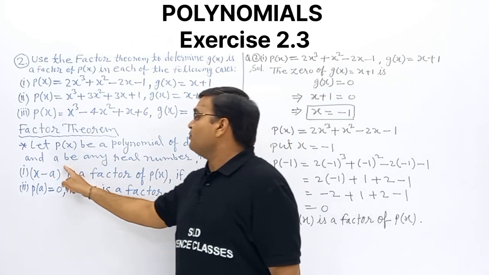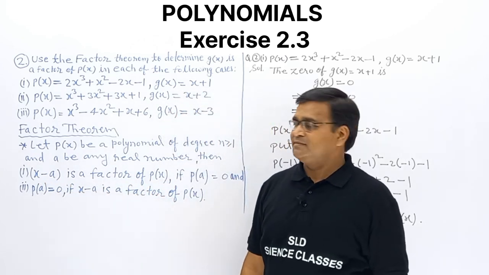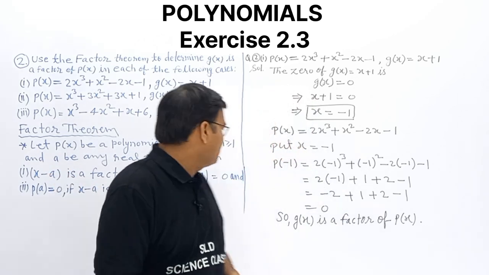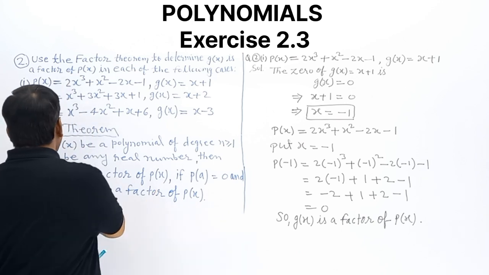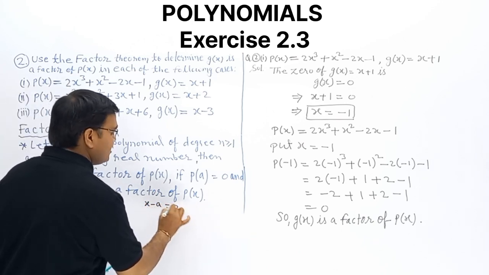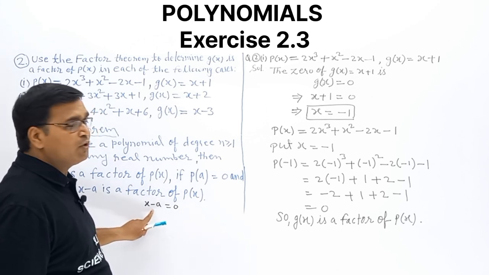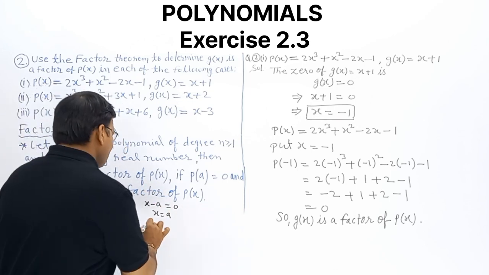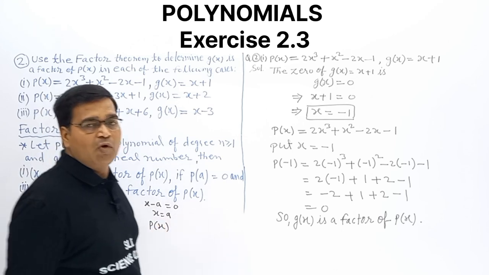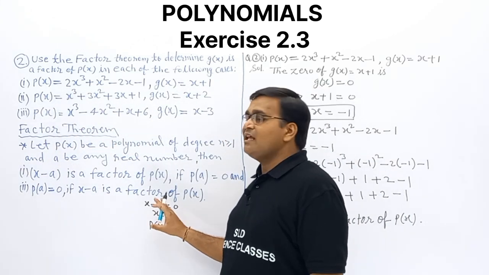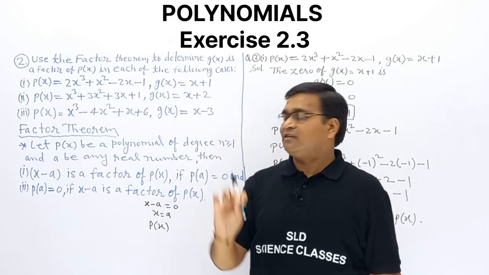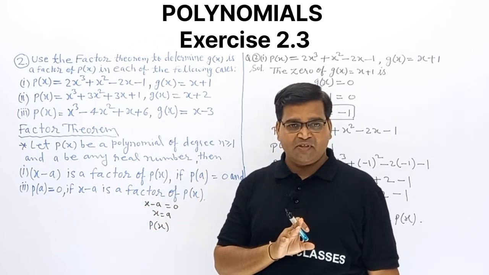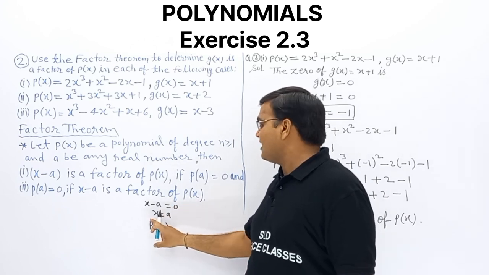Then x minus a is a factor of p of x if p of a is 0. Observe carefully: we have one polynomial, p of x, and one factor, x minus a. To find its zero, we put x minus a equal to 0, so x equals a.